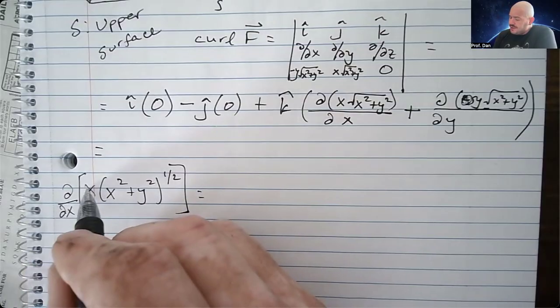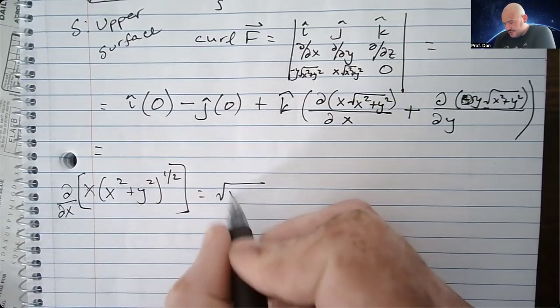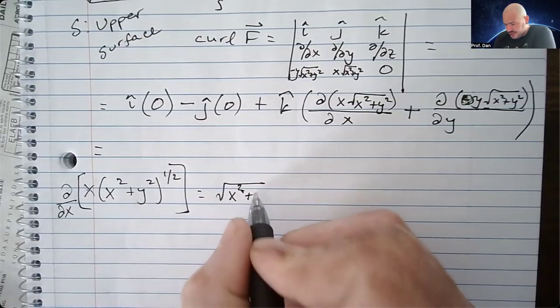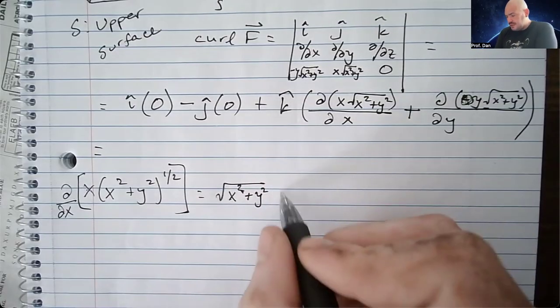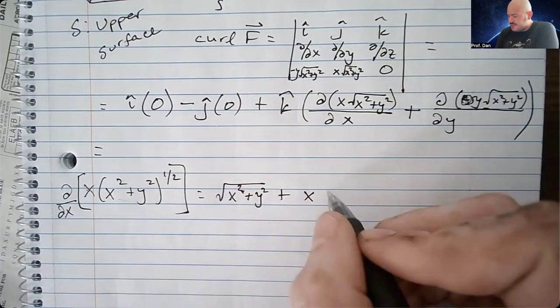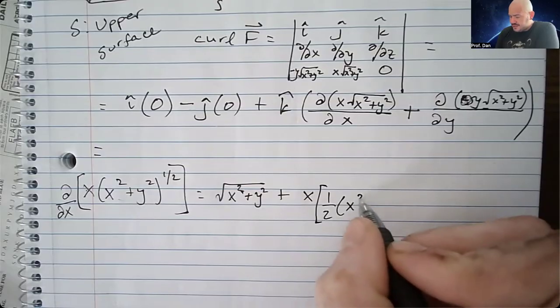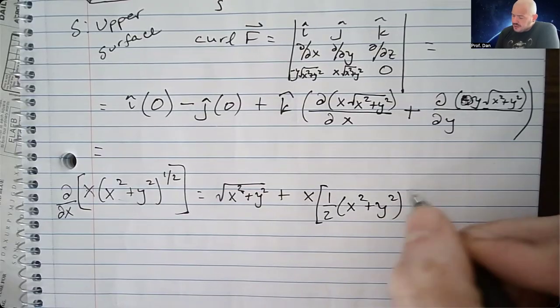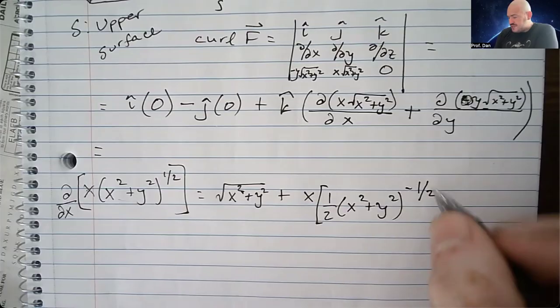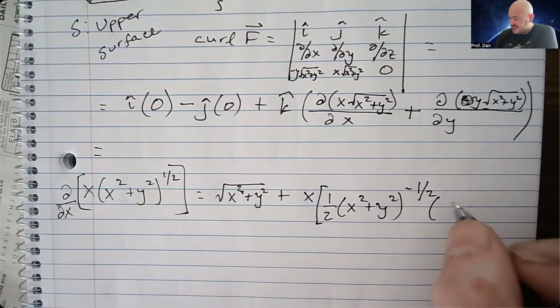The derivative of x would be 1, so we get the square root of x squared plus y squared, plus x times the derivative of this, which is 1/2 times x squared plus y squared to the minus 1/2, multiplied by the derivative of the inside with respect to x.